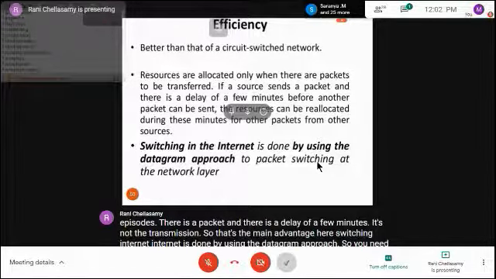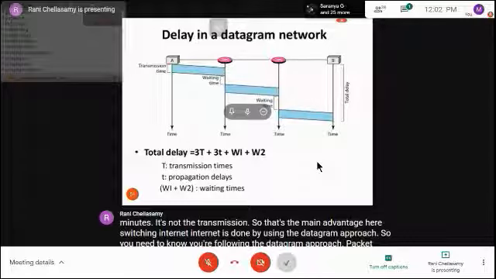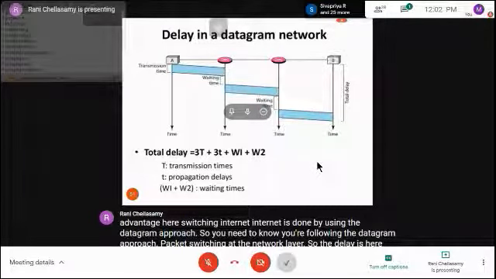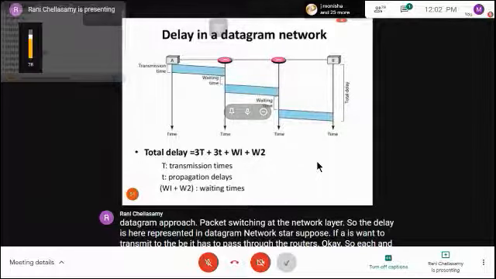So the delay in a datagram network is represented like this: suppose A wants to transmit to B, it has to pass through two routers. Each and every router will be maintaining a routing table, which holds the destination address as well as the port numbers.